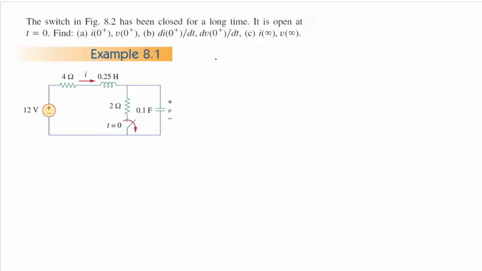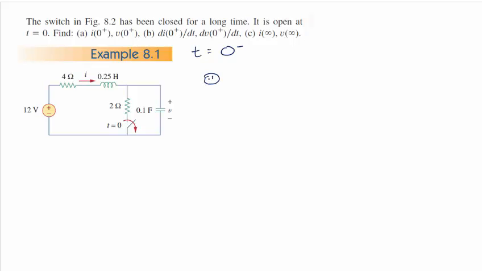So assume that the switch has been closed for a long time. What does the circuit look like then at t equals 0 minus, which is just before we open this switch? We assume that for an infinitely long time before the switching event, the switch has been closed. So this inductor is a short circuit, and this capacitor over here is an open circuit.